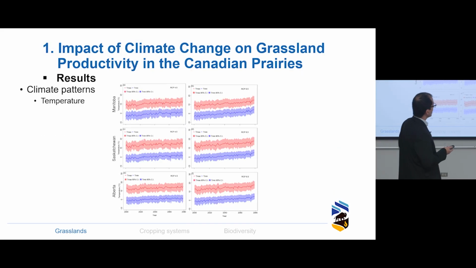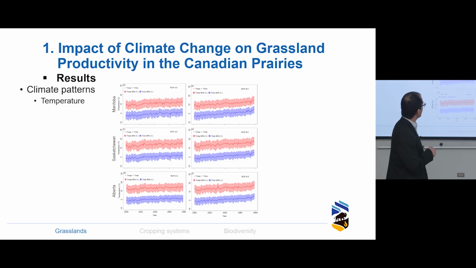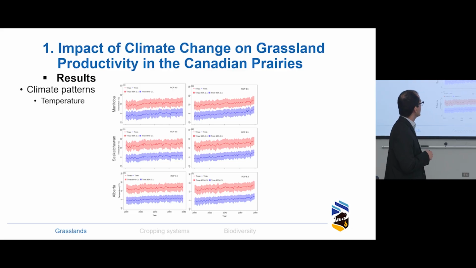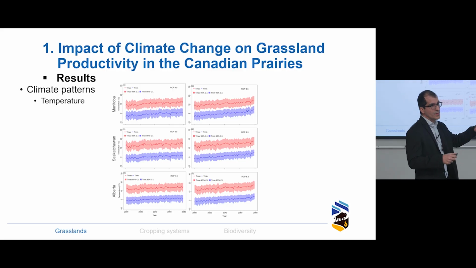So when you look at the climate models themselves, what you see on the lines here is an average of three atmospheric models with the average and then the 95% confidence limit there. And this is not very different than what you see across Canada, for example. We see this trend in temperature increases. RCP 4.5 is a scenario of moderate emissions.